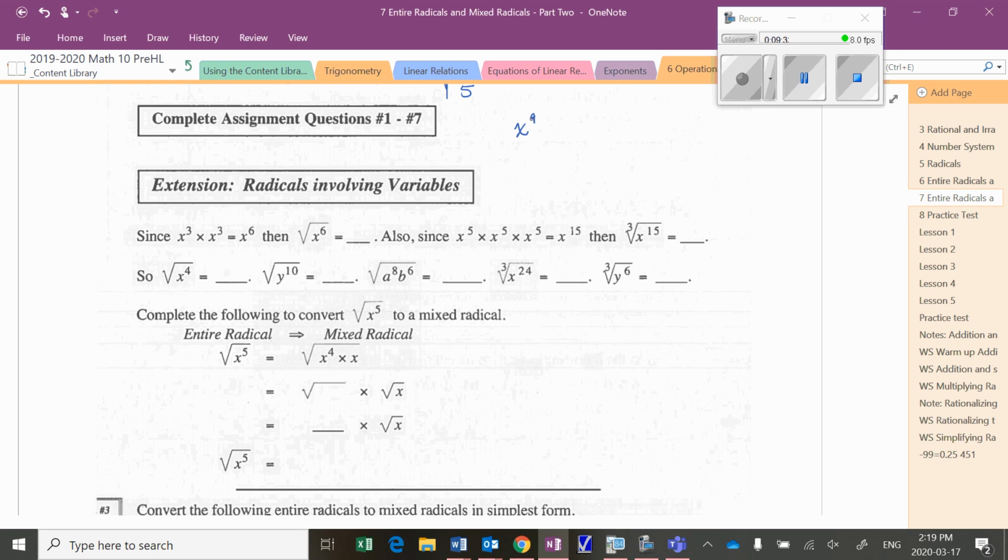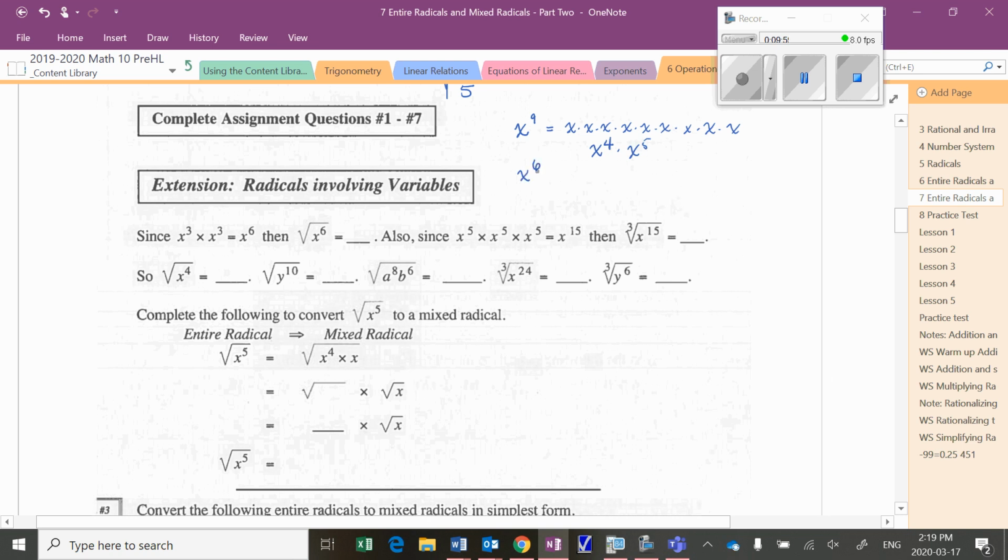That's actually false, because if you think about it, if I was to write out 9 x's, how many do I have here? 6, 7, 8, 9. Could I split that evenly into two groups? I can't. Closest I could get would be x to the 4th times x to the 5th. And so x to the 9th is not a perfect square.